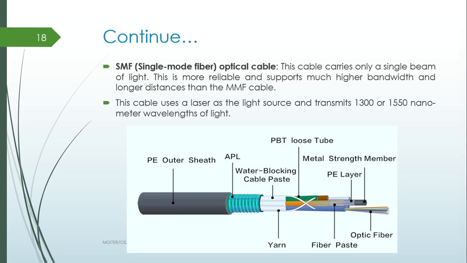This cable carries only a single beam of light. This is more reliable and supports much higher bandwidth and longer distance than the MMF cable. This cable uses a laser as the light source and transmits 1300 to 1550 nanometer wavelength of light.